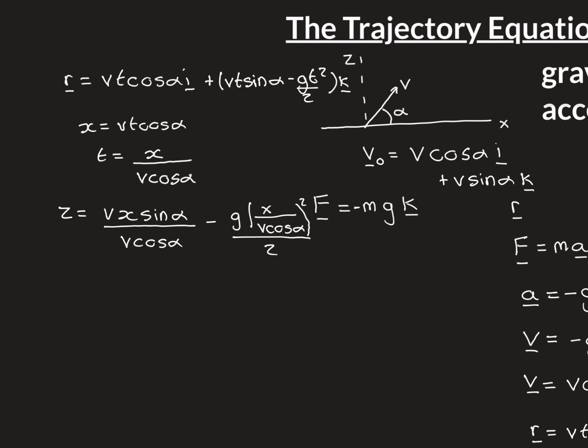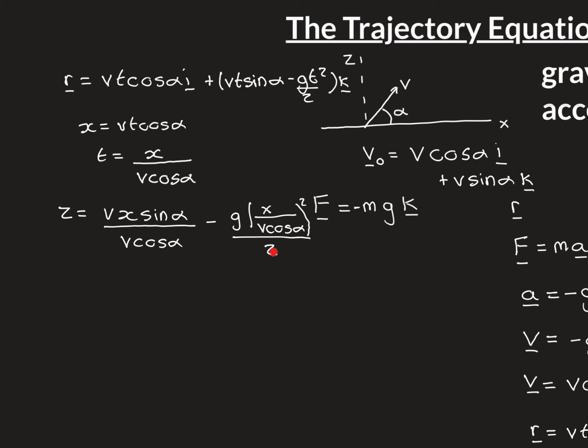So just plugging this in then, we've taken this, z is equal to this thing, and now we're replacing t with this. So this first bit becomes v sine alpha, those are the bits that stay, and now it's times this, so times the x, and then divided by v cos alpha. So that's what we get from this bit. And then this bit, damn, we've got a squared term, but we can cope with this.